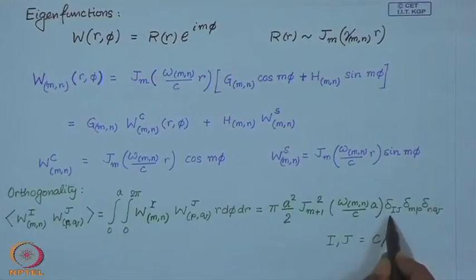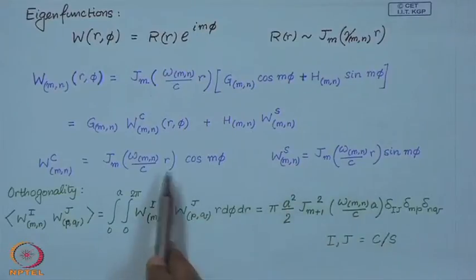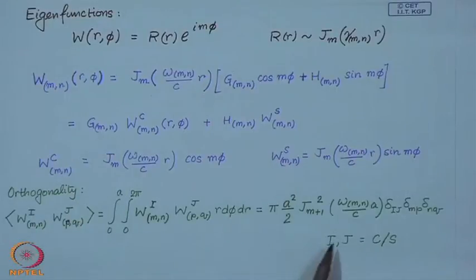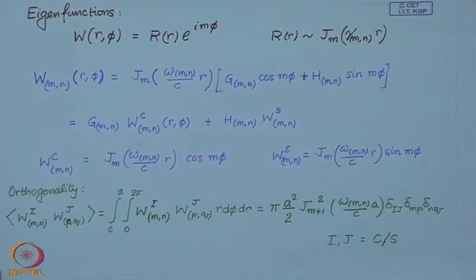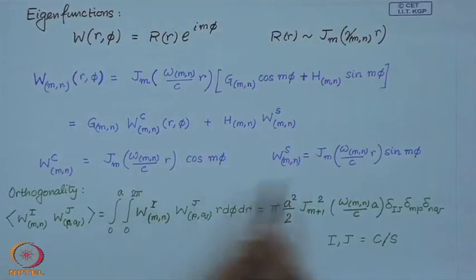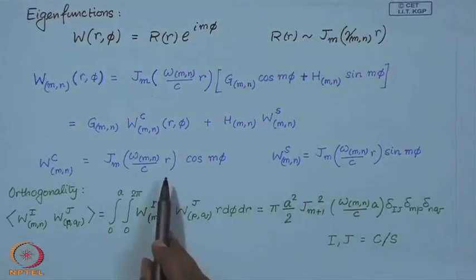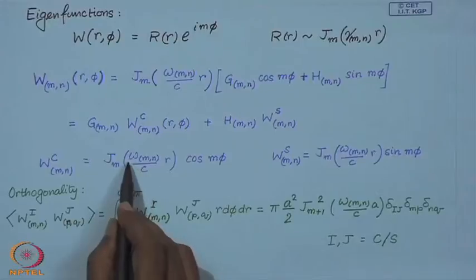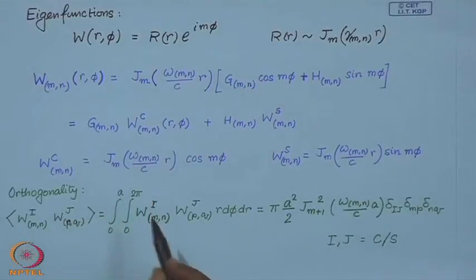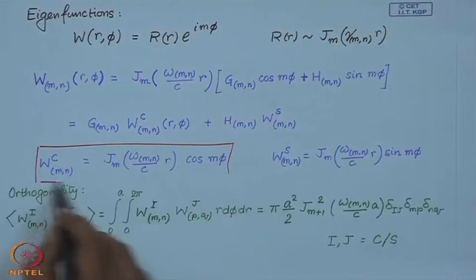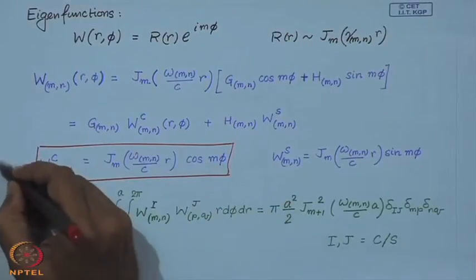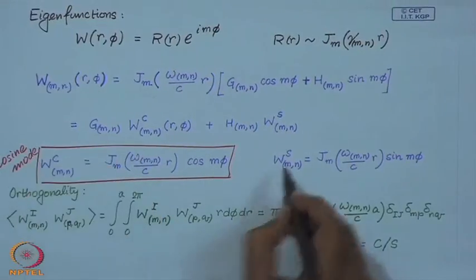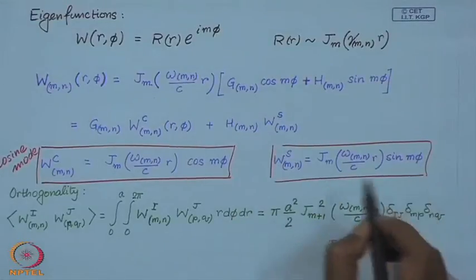So, you see immediately from these two that W m n C and W m n S are orthogonal. These are orthogonal modes, and they are two distinct modes corresponding to a single circular eigenfrequency omega m n. This is called the cosine mode, and this is known as the sine mode.